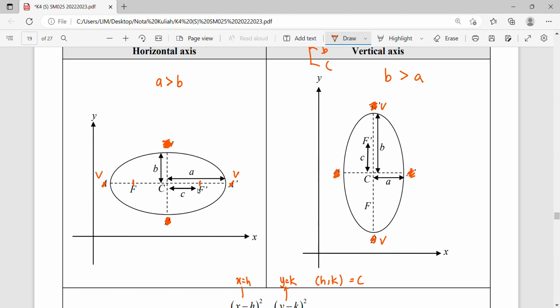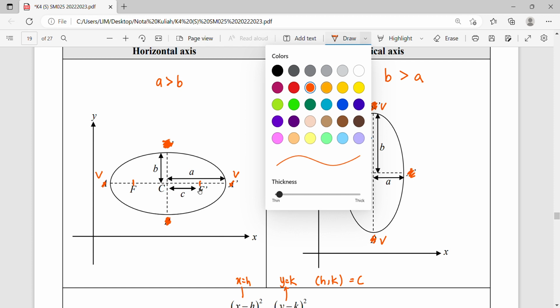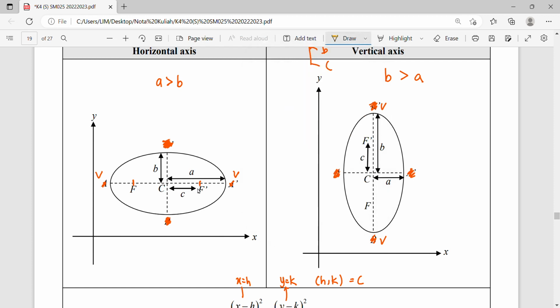So what do you have beside this? This is our major axis. So yang pendek ini adalah minor axis.